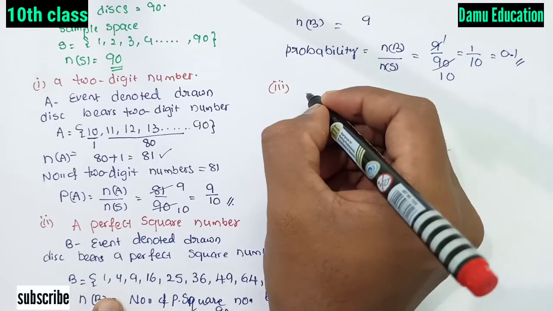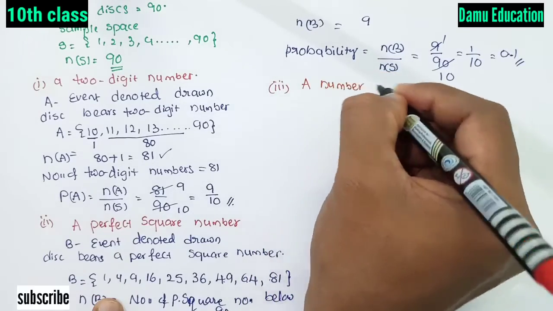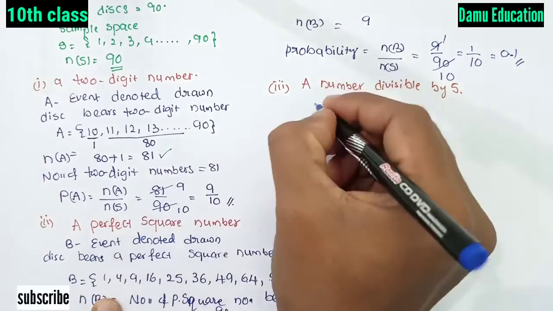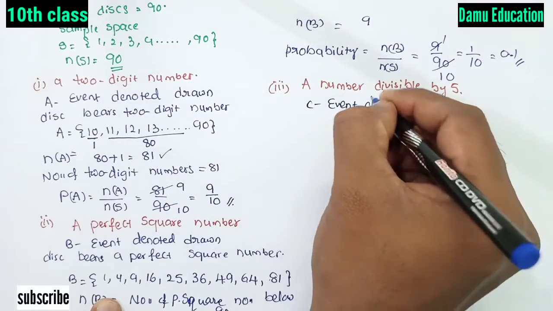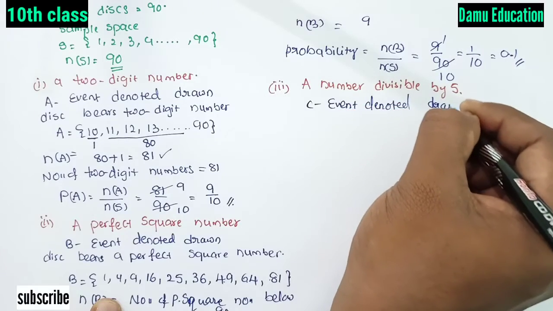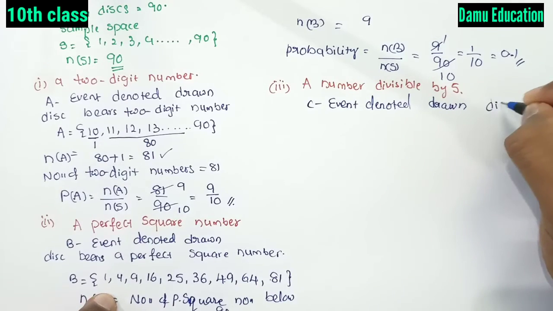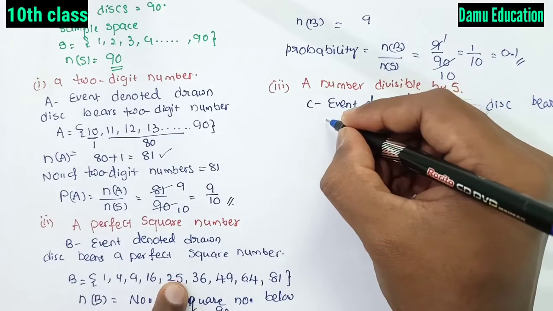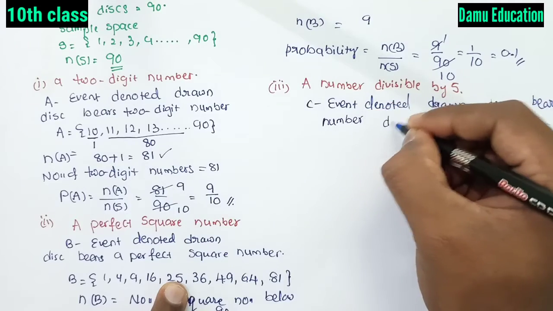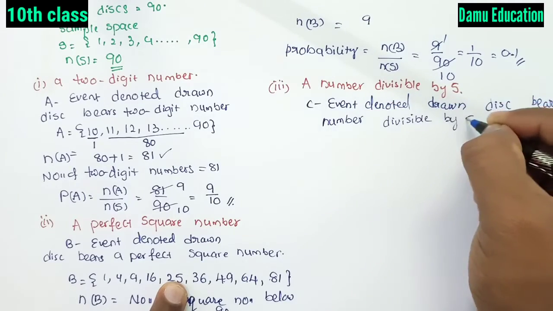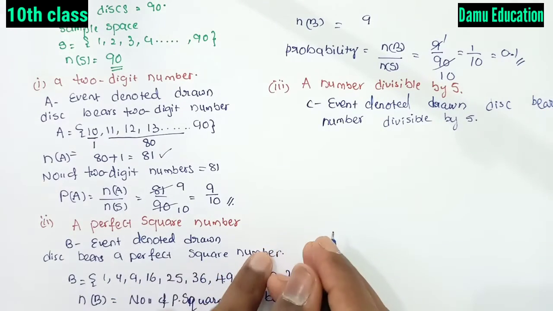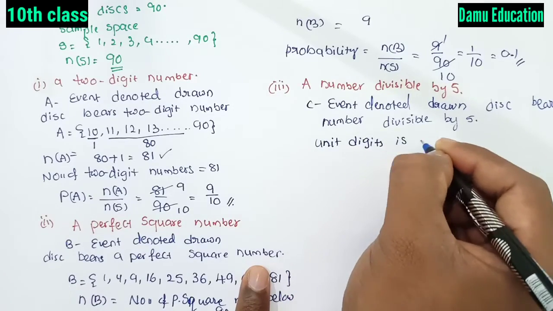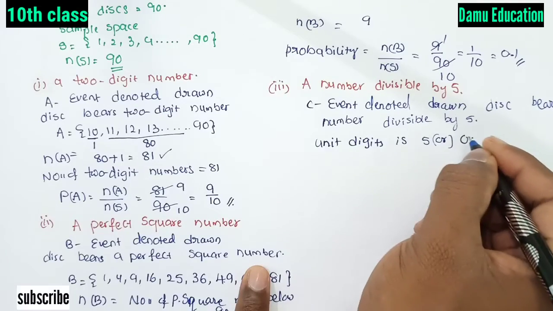Next, our third one: a number divisible by 5. Let C be the event that the drawn disc bears a number divisible by 5. A number divisible by 5 means the unit digit, the units place, is 5 or 0.